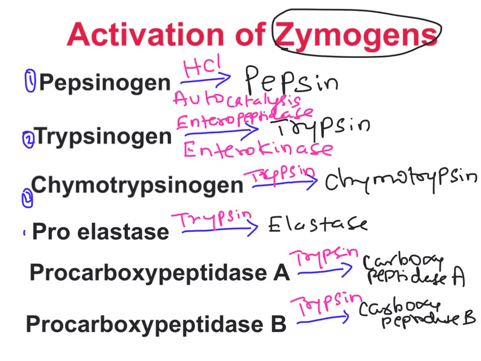The fourth enzyme is proelastase, converted into elastase by trypsin. The fifth is procarboxypeptidase A, converted to carboxypeptidase A by trypsin. And the sixth is procarboxypeptidase B into carboxypeptidase B by trypsin. So these are all our zymogens, and this is how they are activated.